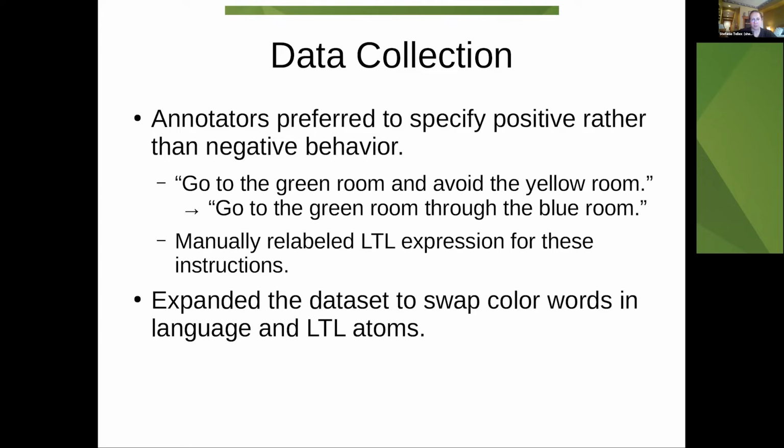And we also did some hacks to expand the data set to swap color words around so that our neural model was able to learn things without prejudice to what colors it happened to see in training. So for example, if it saw go to the red room, we also wanted it to see go to the blue room.